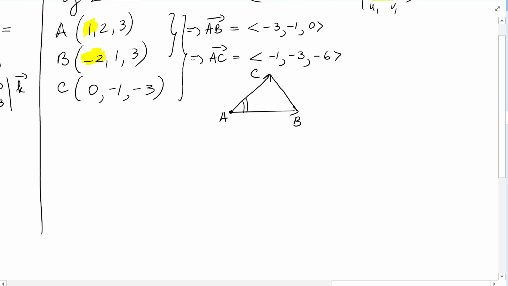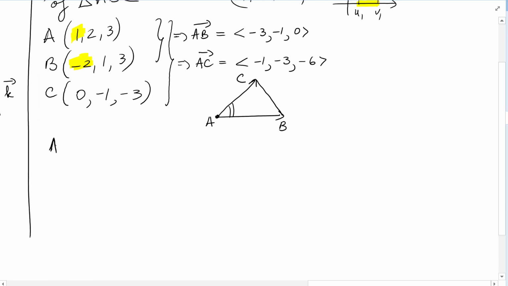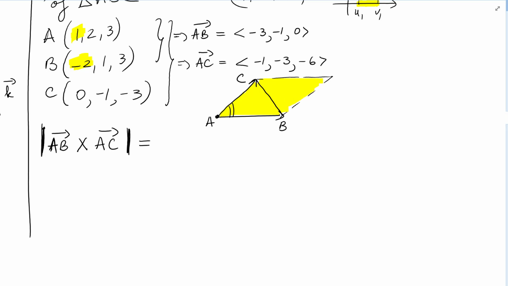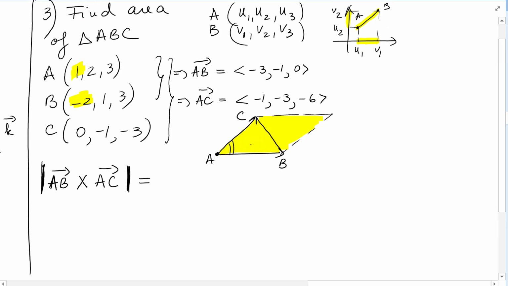Now if we calculate the vector AB cross product vector AC in magnitude, we are actually calculating the area of this parallelogram. But because I want the area of a triangle, I'm going to take half of that.